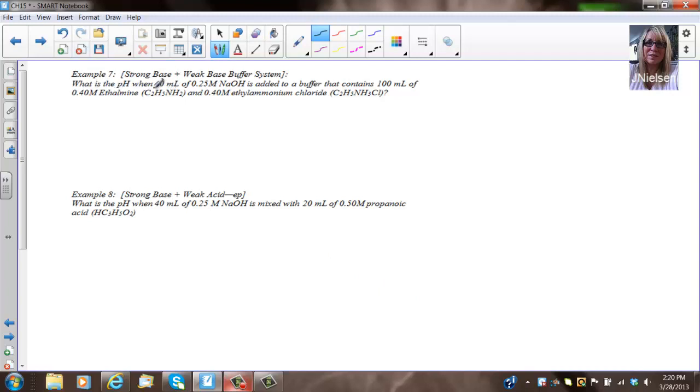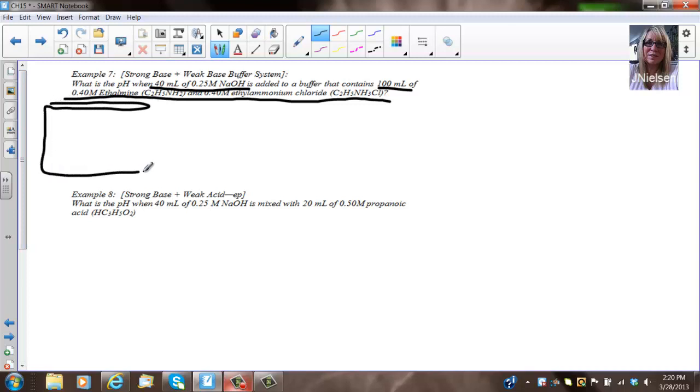What is the pH when 40 mils of 0.25 molar NaOH is added to a buffer that contains 100 mils of 0.4 ethylamine and 0.4 ethylammonium chloride? Again, I like to use the beaker system, see what's going on. I've got Na plus and OH minus in here. That's going to dissociate. I'm going to have a weak base, C2H5NH2, which is going to stay together.